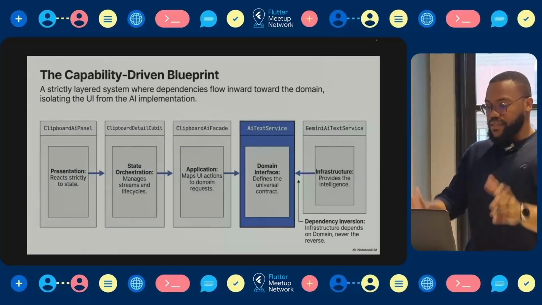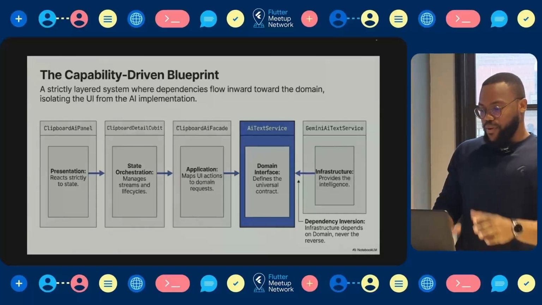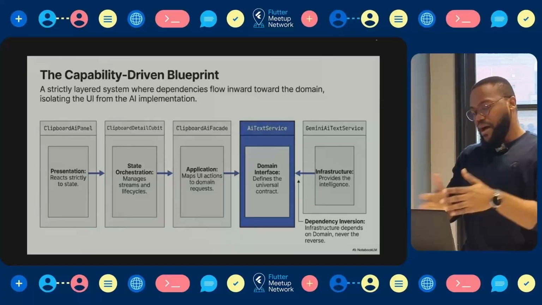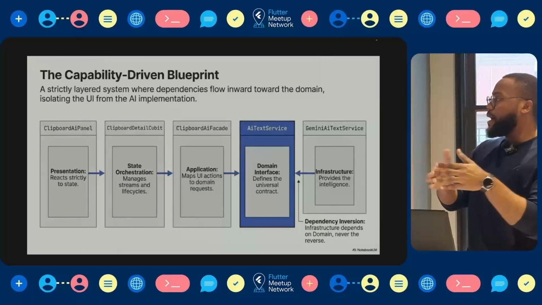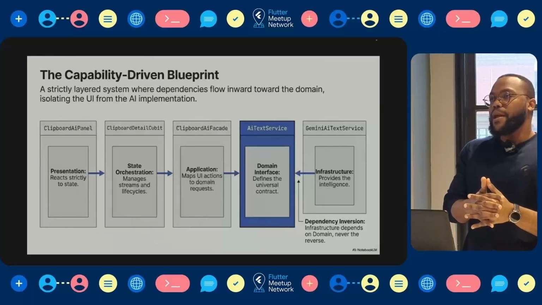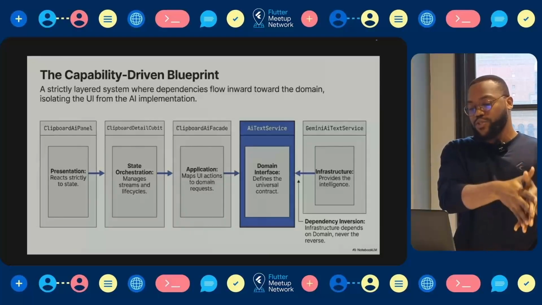So this is the blueprint here. Inside Lossless Clip, I have those layers. I have first a clipboard AI panel. That is the interact point between the app and my users.